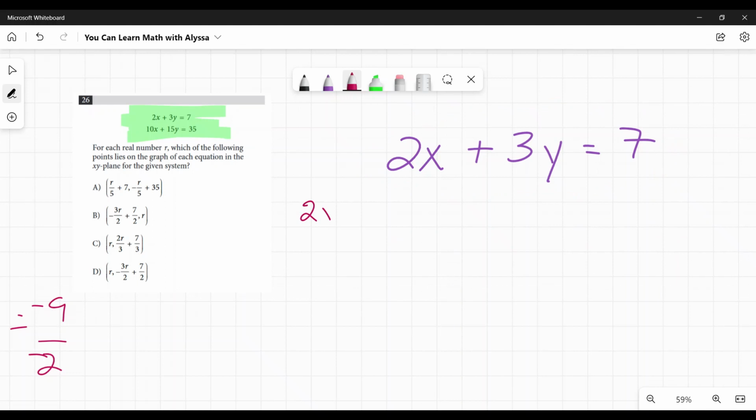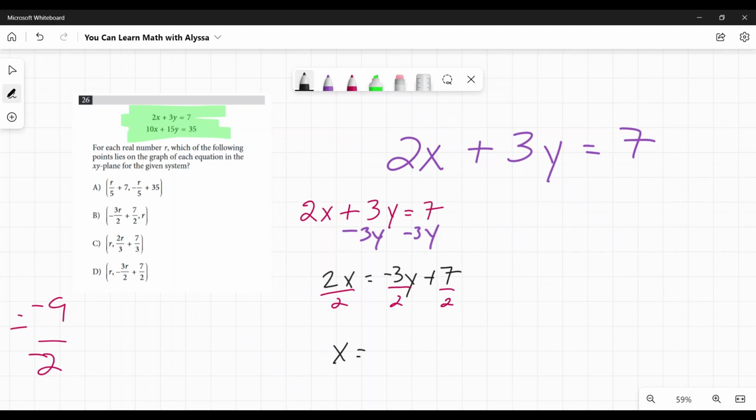I'm going to do that over here. 2x plus 3y equals 7. To solve for x, I need to get it by itself. So I'm going to subtract 3y from both sides, and I get 2x equals negative 3y plus 7. Then I need to get rid of that 2, so I'm going to divide everything by 2, and I get x equals negative 3 halves y plus 7 halves.